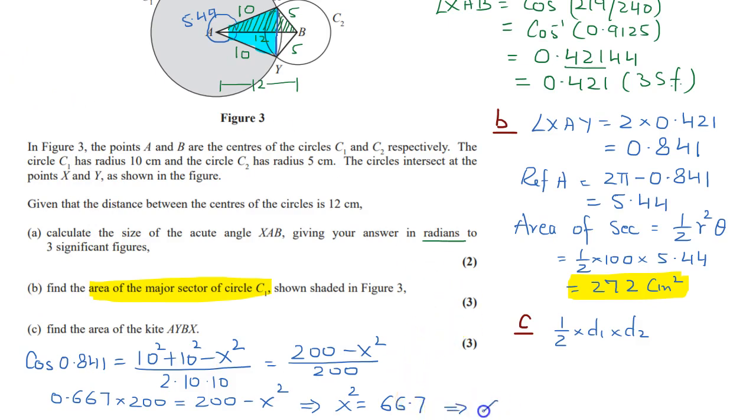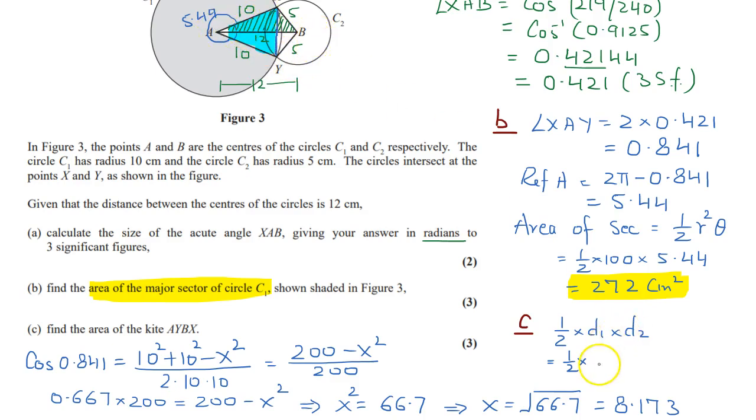So it means x is equal to root 66.7. So that is 8.173. So our area will be half.